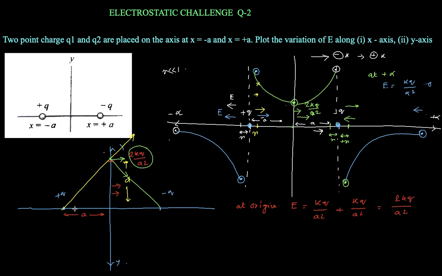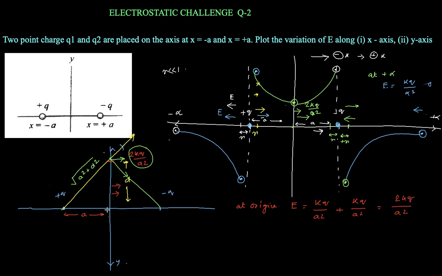Now at distance r, what is that? So this is distance d, this is a. What is this distance? This distance is nothing but the square root of a square plus d square. As this is the hypotenuse, this is larger than a.